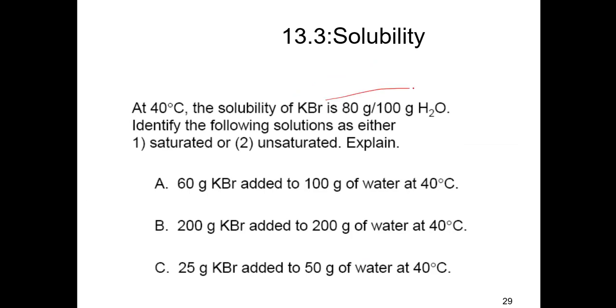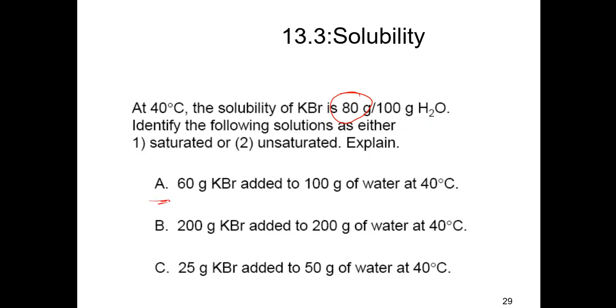And based on these solubilities, you can immediately figure out whether a solution is going to be saturated or unsaturated. So for example, if I put in 80 or more, it's going to be saturated. Less than 80, it's going to be unsaturated.